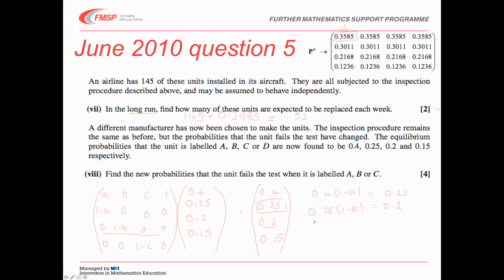And equally 0.2 times 1 minus c is 0.15. When you work these out, you get a is 0.375, b is equal to 0.2, and c is equal to 0.25.